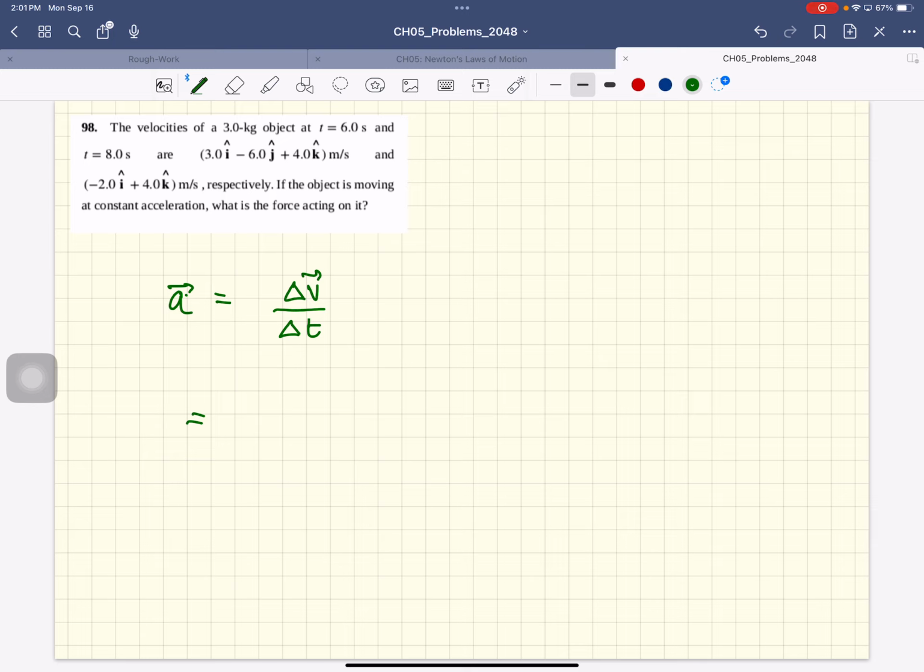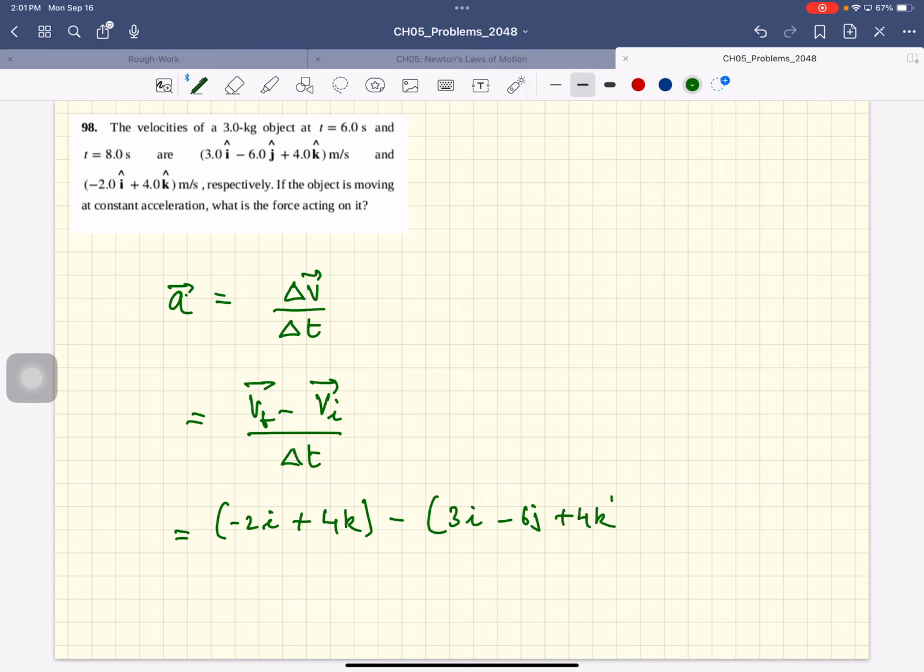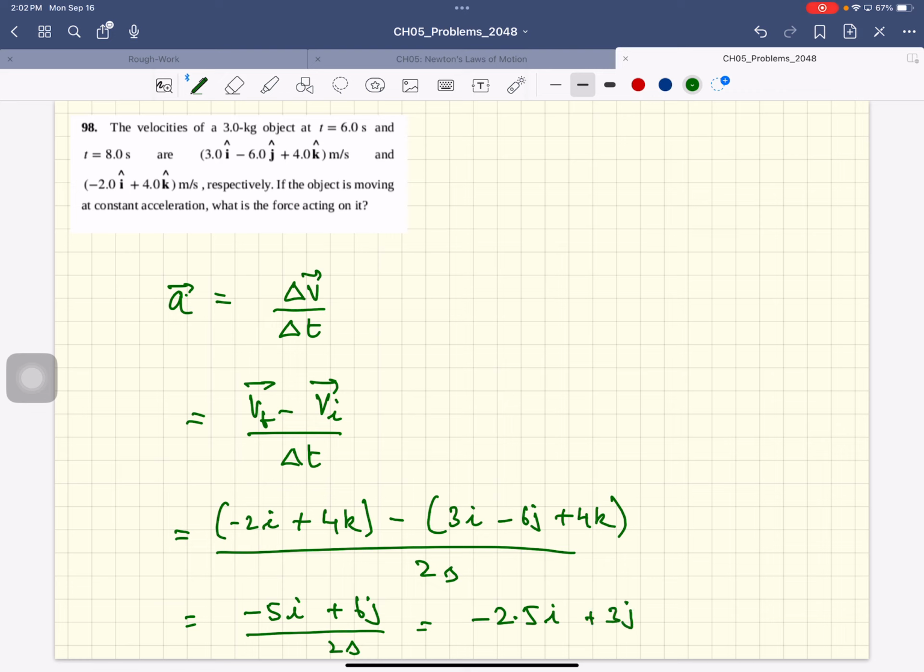And so V final is, okay, so there's the acceleration.